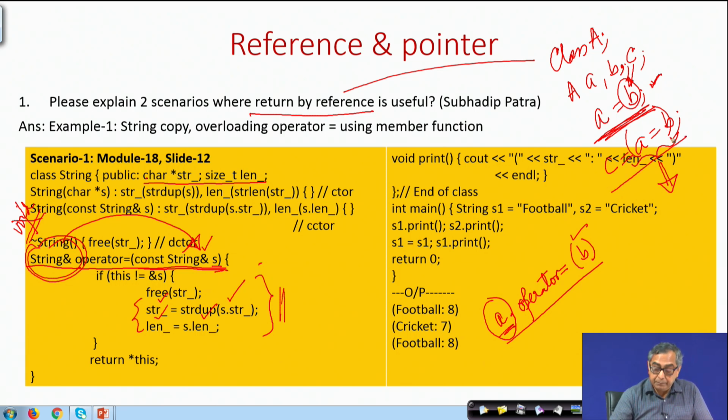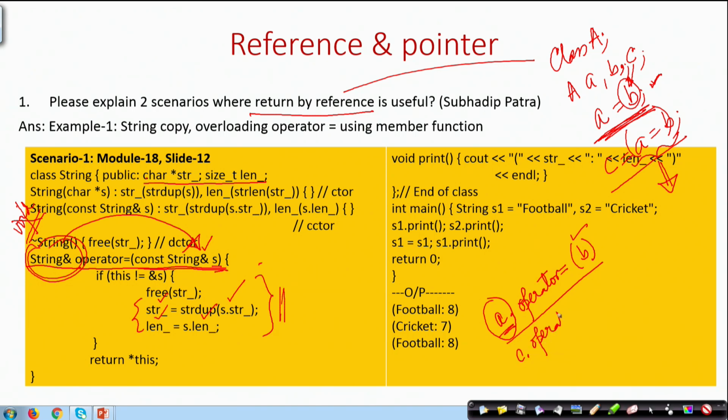it should be possible to take that value as an input to the same overloaded operator, because what will happen? C assigned A assigned B is C dot operator assignment of A dot operator assignment of B. This is the meaning of this. So, this whole expression A dot operator B must return a kind of value which can go as input to the same operator.